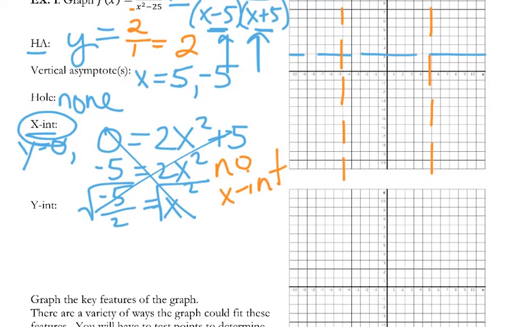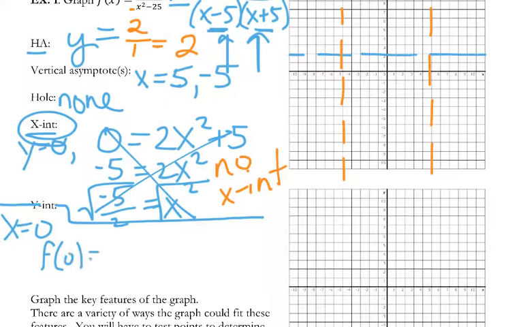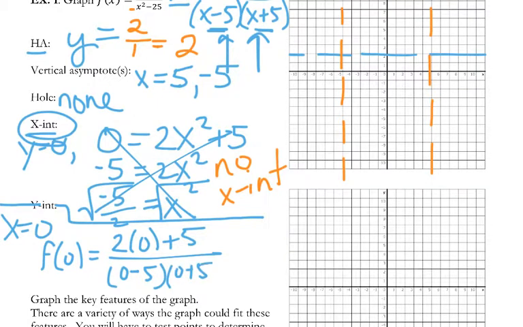Alright, let's try the y-intercept. For the y-intercept, we set x equal to 0. So f of 0 equals 2 times 0 plus 5 over 0 minus 5, it's a minus, times 0 plus 5.